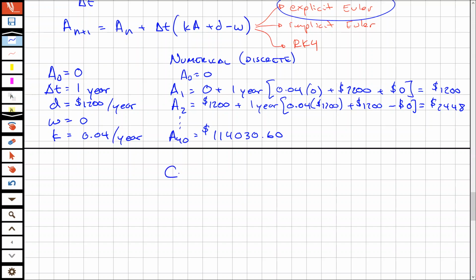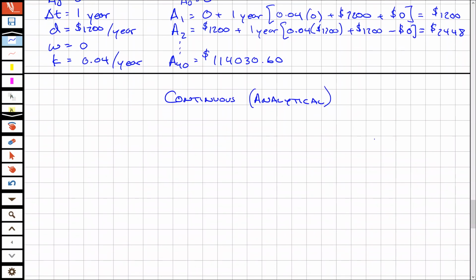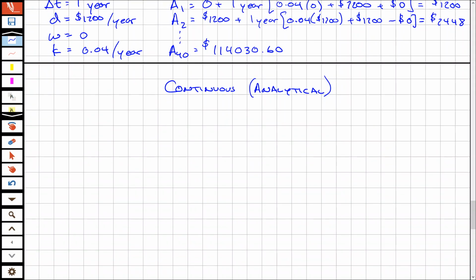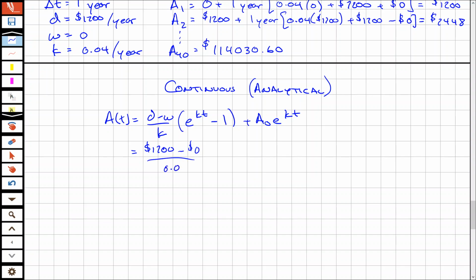So now let's look at the continuous. And in our case, this is the analytical formulation. And let's see what kind of money you can make if you could convince your bank to compound continuously. So again, A of t is (d minus w) over k times (e to the kt minus 1) plus a naught e to the kt. Okay, and $1,200 in deposits, no withdrawals, over 0.04, our rate.